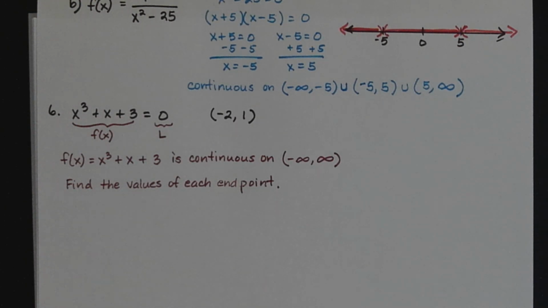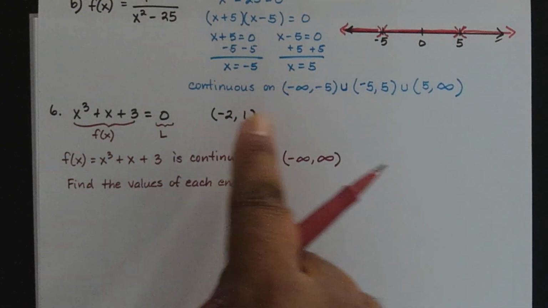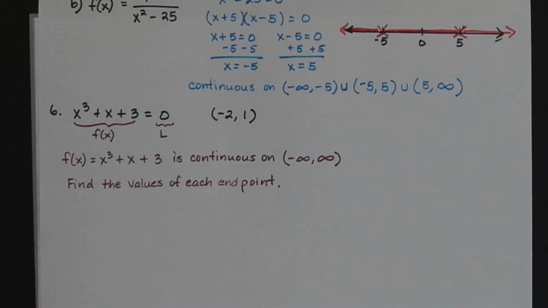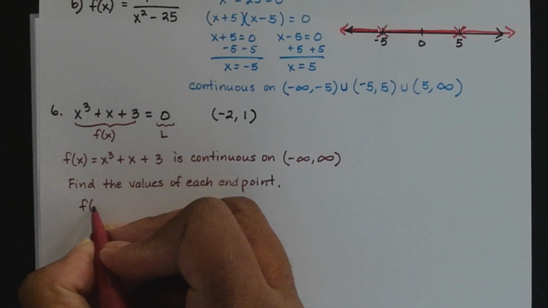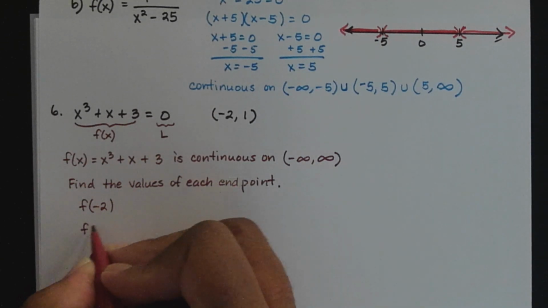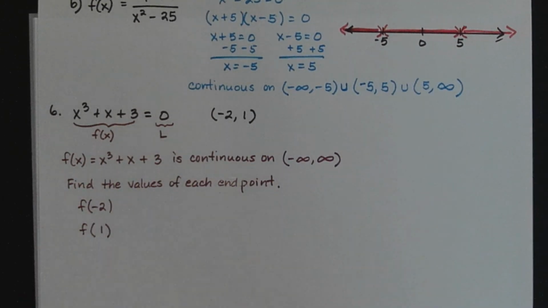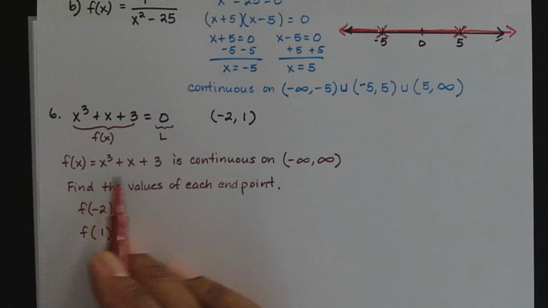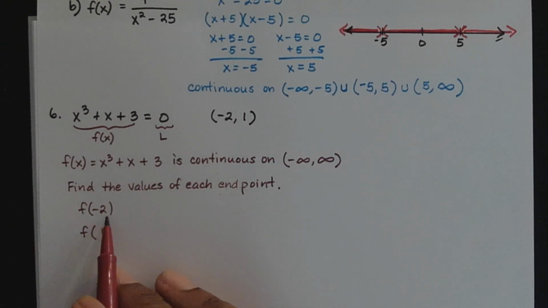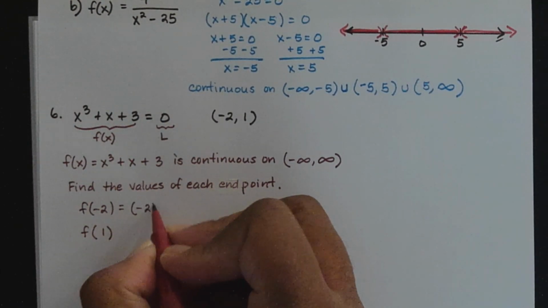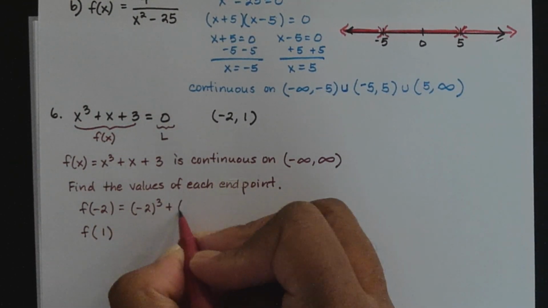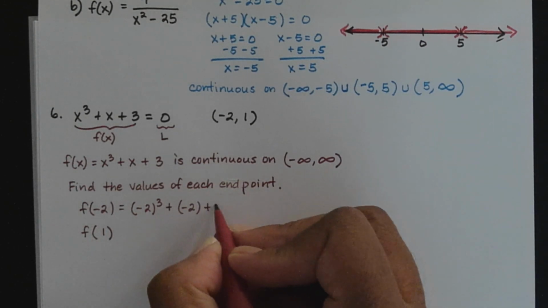All right, so now we're going to find the values of each endpoint. My endpoints are negative 2 and 1. So I need to evaluate what f of negative 2 is and what f of 1 is. I'm going to replace every x with negative 2: negative 2 cubed, plus x, which is negative 2, plus 3.